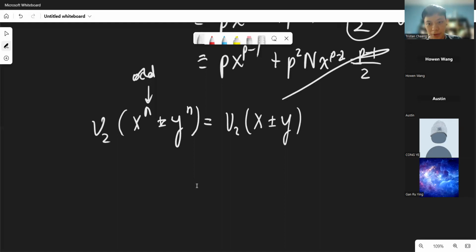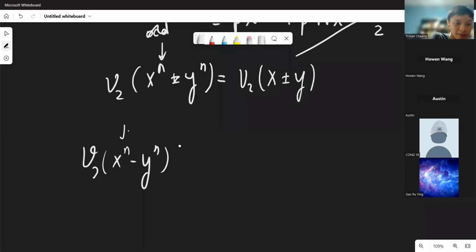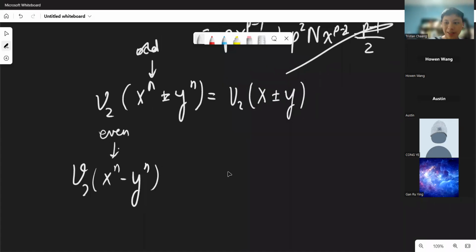So theorem 4 is the analogous theorem to theorem 1. So V2 of x to the n minus y to the n, where n now is an even number. For even powers, you have to separate into cases for p equals 2. So that's why it's not really recommendable to memorize every case.